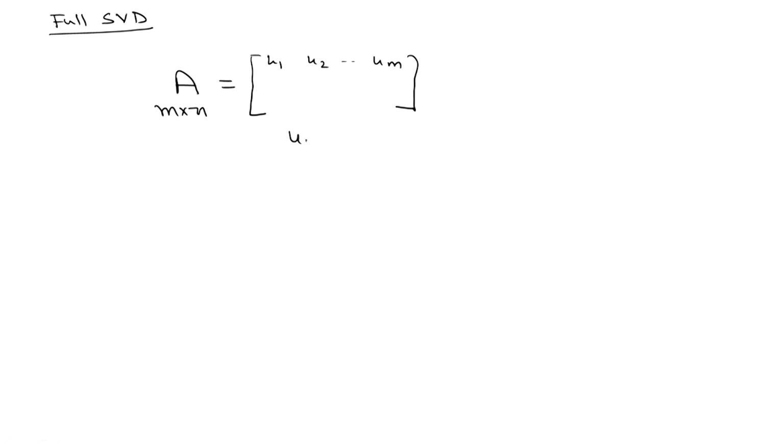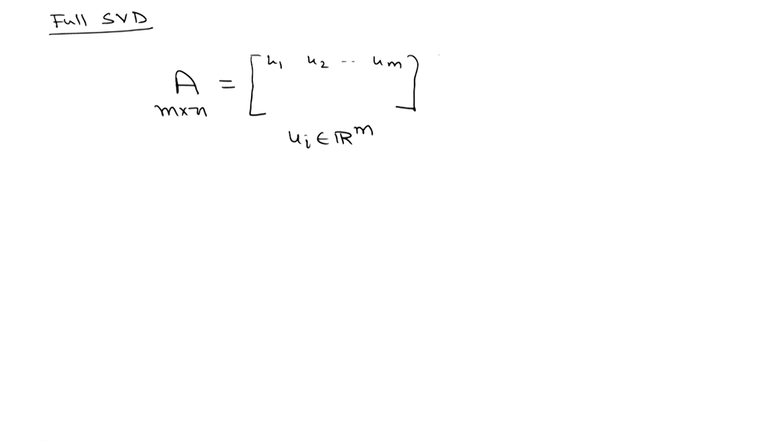If I talk about full SVD, then I have A of size m by n, and I write a matrix U of size m by m. So here I will have only m columns and each Ui will have m components.